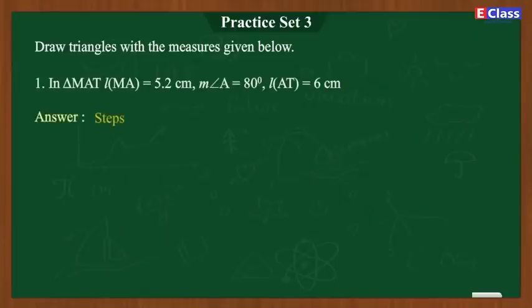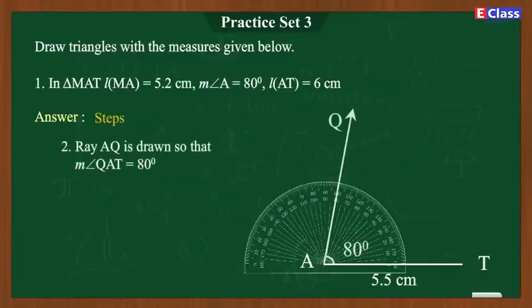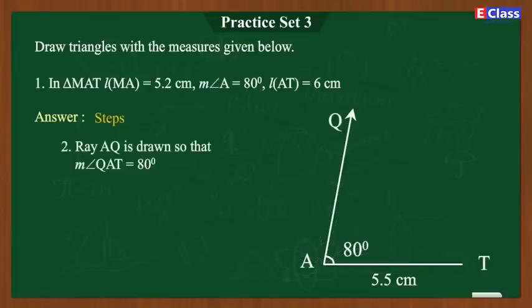Steps. 1. First we will take segment AT of length 5.5 centimeters as base. 2. Ray AQ is drawn so that measure of angle QAT is equal to 80 degrees. 3.